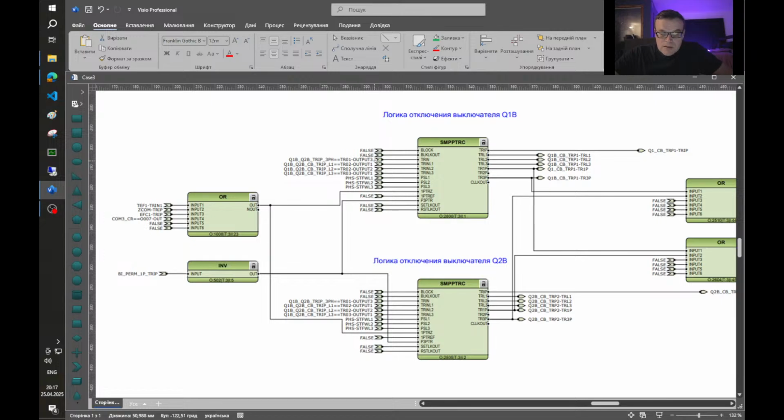And here we can see the tripping logic, and in these signals we have united signals from all protection functions that have their own phase selection tool.